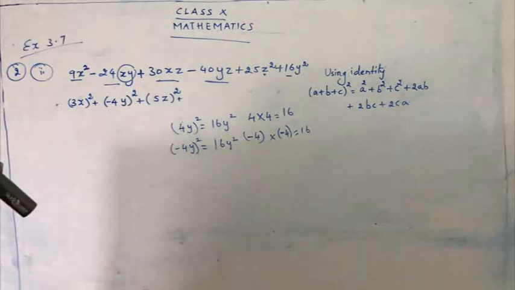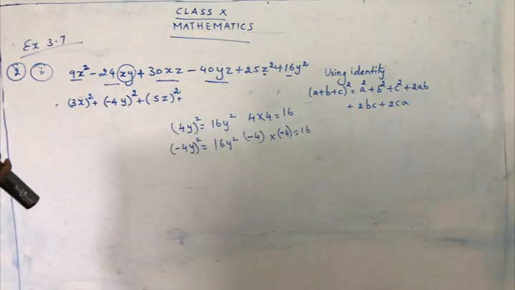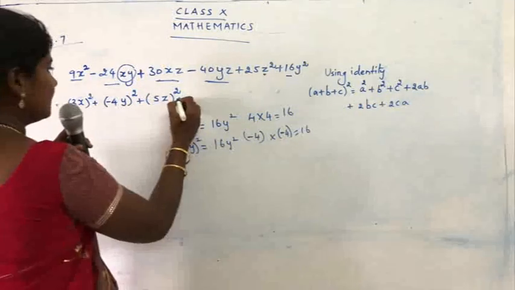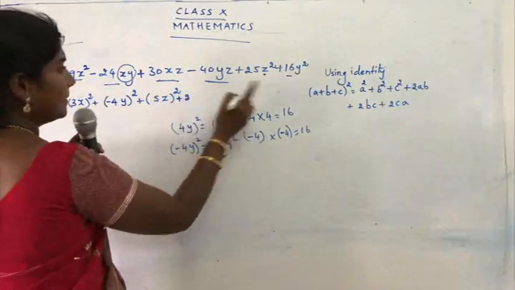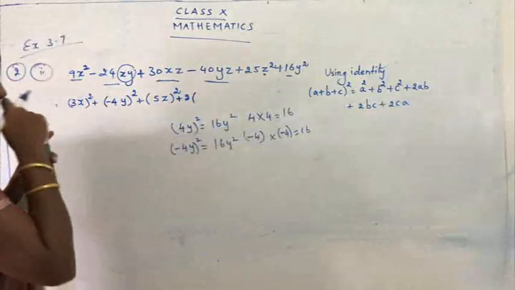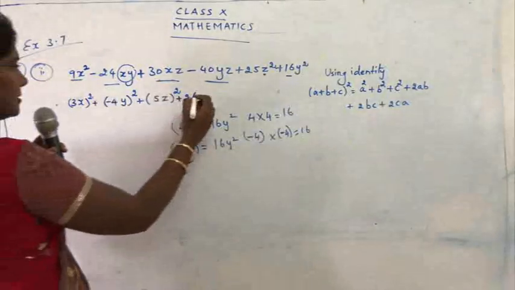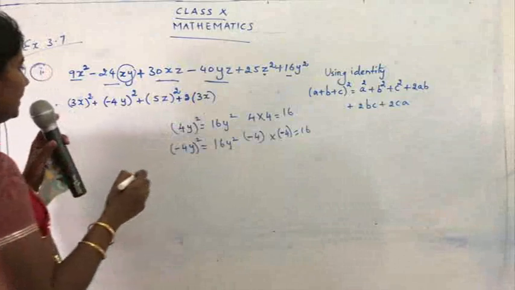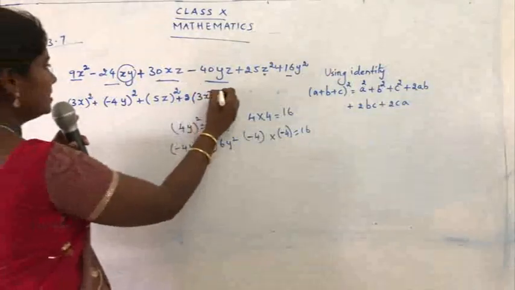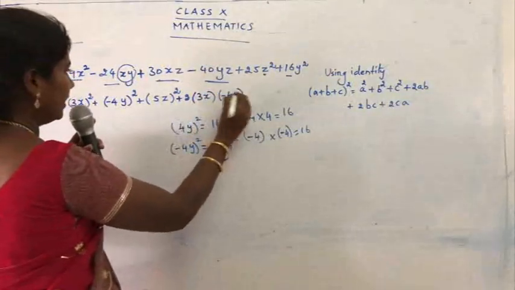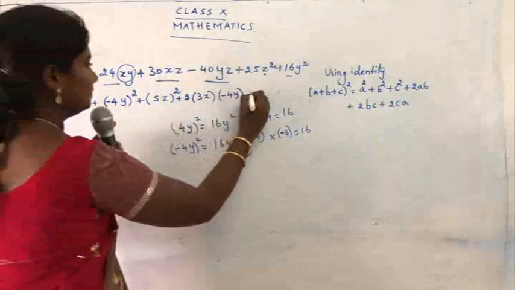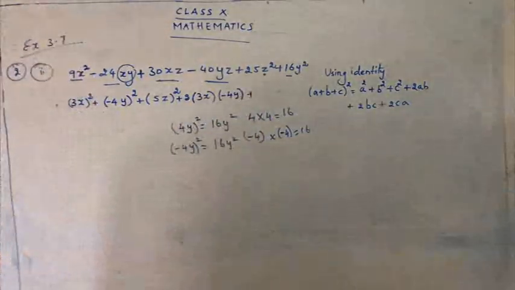Now we have to write 2ab. Let's see how to write that. It's plus 2 times a. What's a? 3x, done. B is minus 4y. Then plus 2bc.